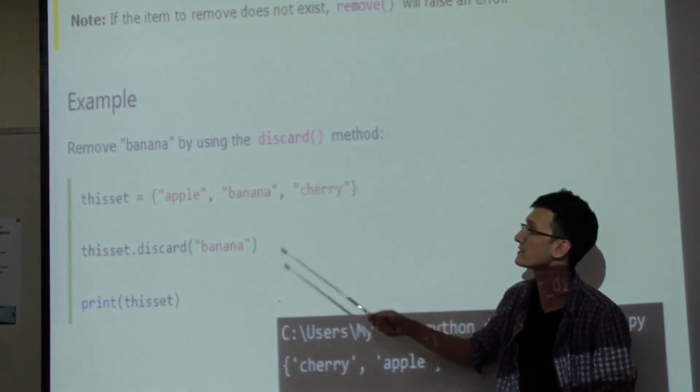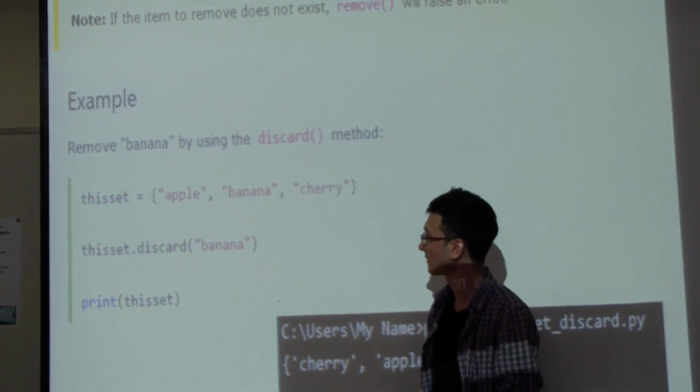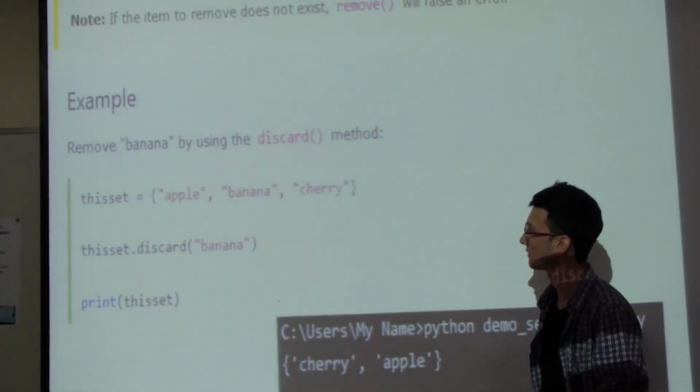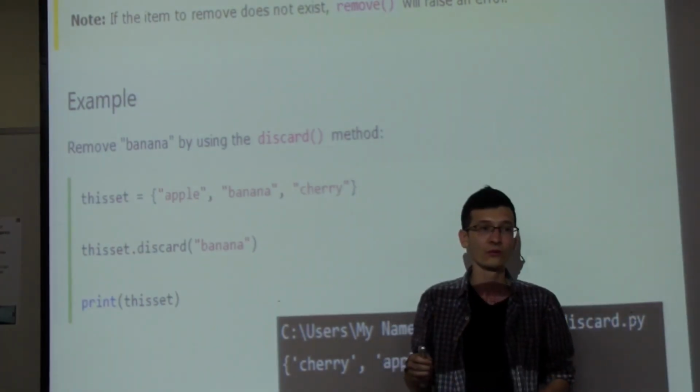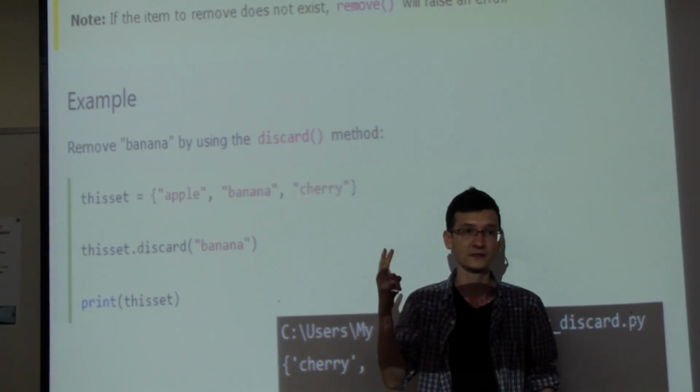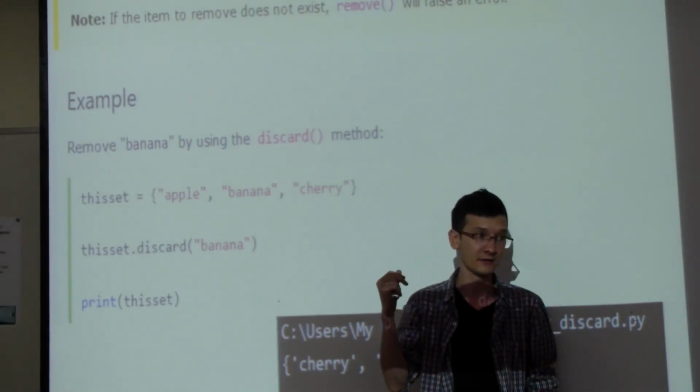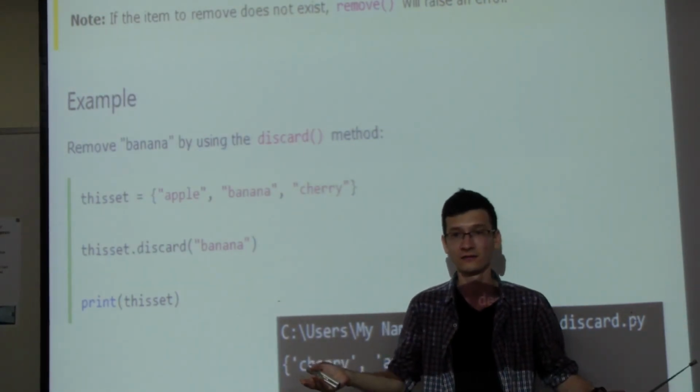We have another function, discard. It also removes a value from the set. Now we have two functions for removing an item. But why?